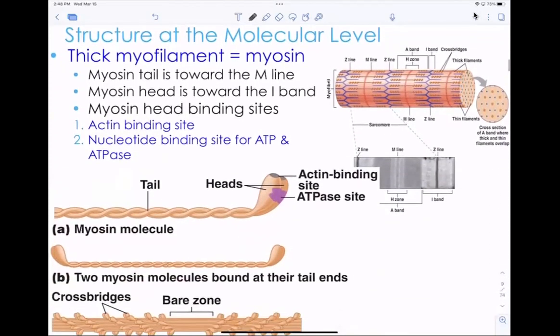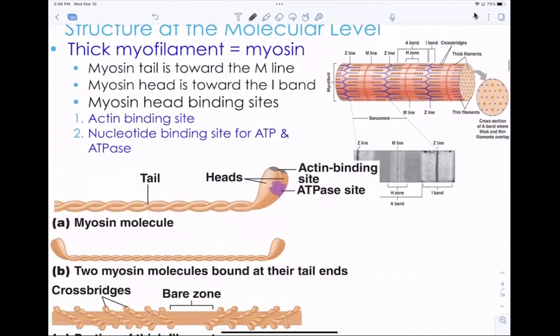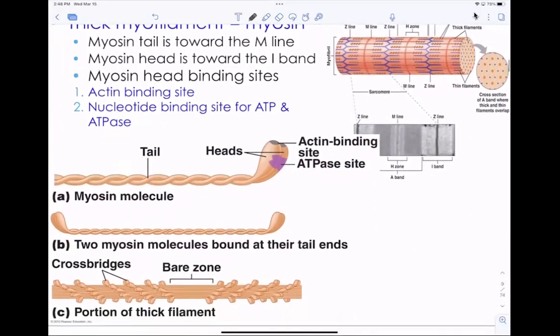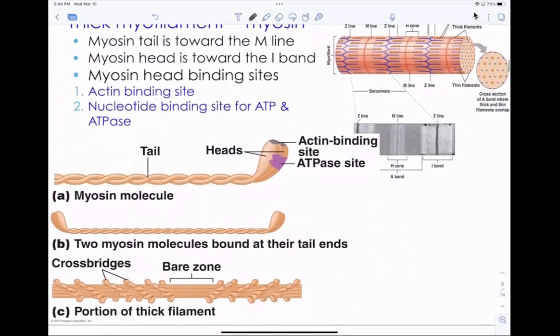Thick filament, myosin. Myosin has these long strands with heads, and the heads are towards the actin strand, which is part of that I band, and they are the little things that can pivot. So a couple of things about these myosin heads. They have enzymes on them, and those enzymes are ATPase enzymes.